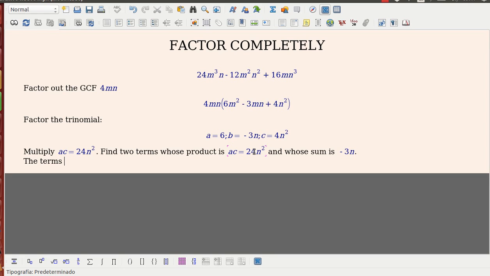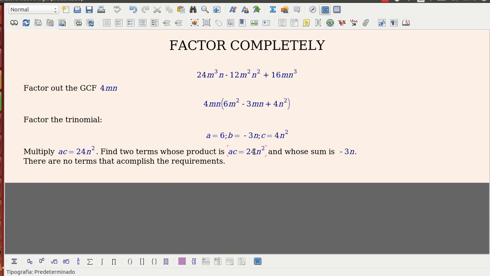So there are no terms that fulfill the requirements.